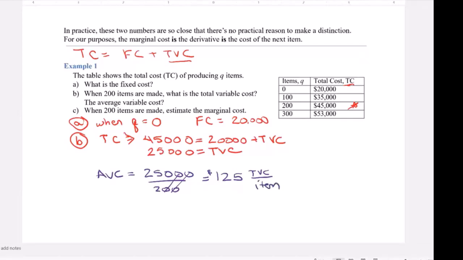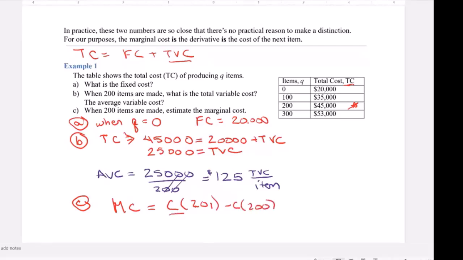Okay. So almost there. C, when 200 items are made, estimate the marginal cost. Well, we talked about this. The marginal cost is equal to the cost of producing one more item. So if I want to know for 200, it should be the cost of 201 minus the cost to produce 200.